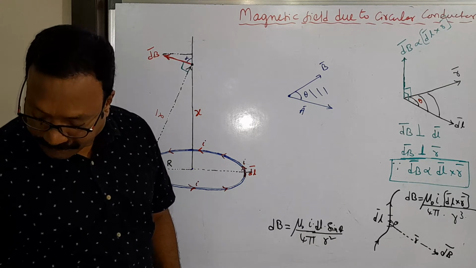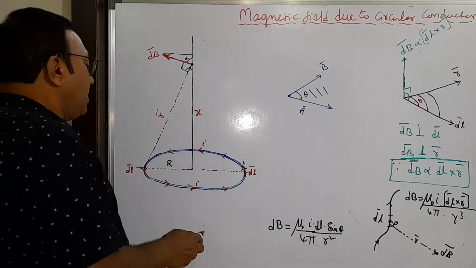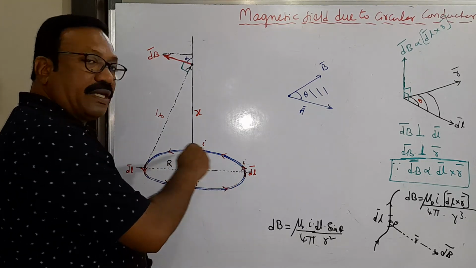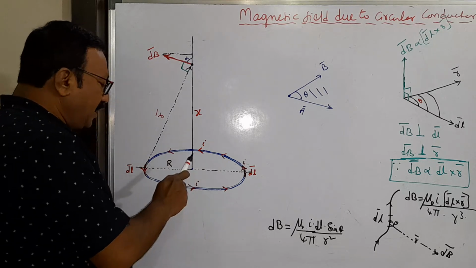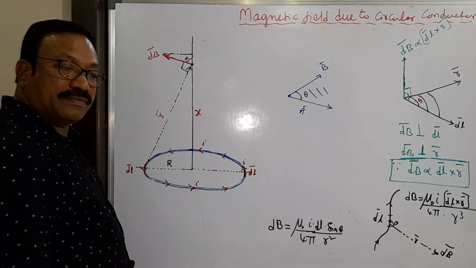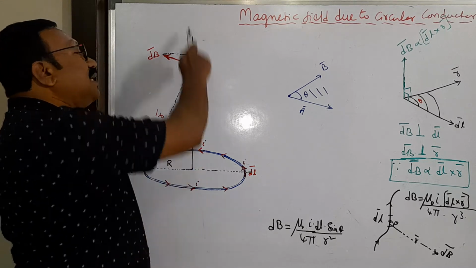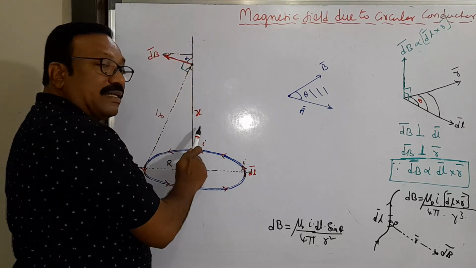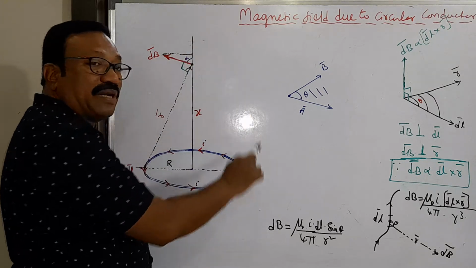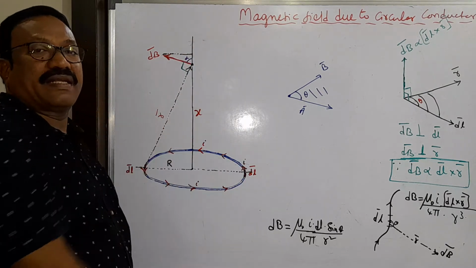Now let us come to the derivation. Here you have a circular current carrying conductor. There is a current I flowing in this. Radius of the conductor is r. On the axis, at a distance x, I would like to determine the magnetic field due to this current carrying conductor.